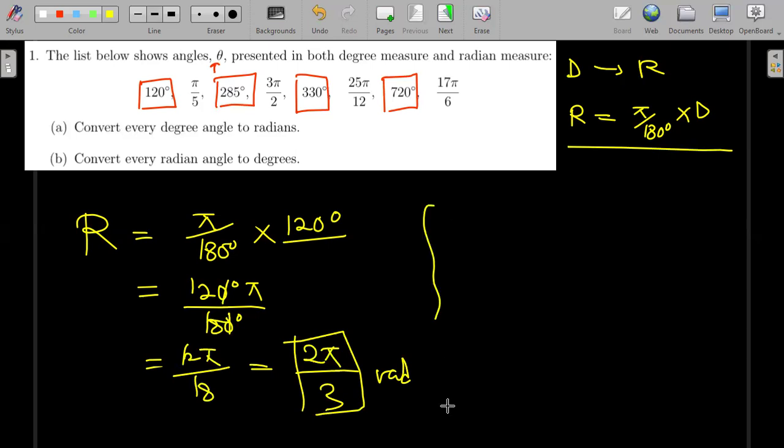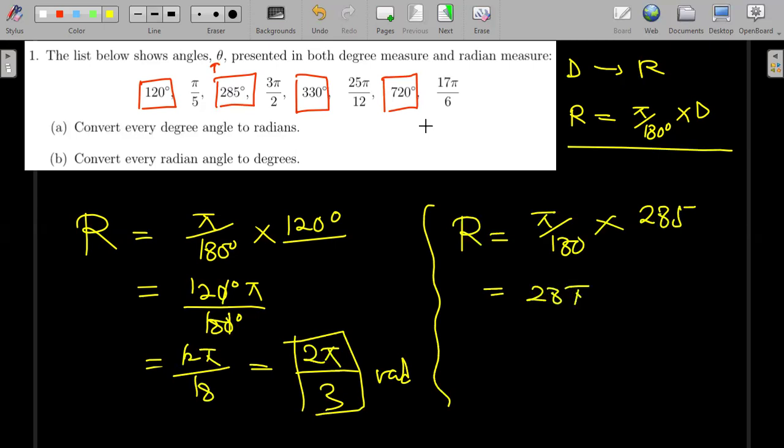What about 285? That angle in radians is pi over 180 times 285, so this will be 285 pi over 180. Here we just have to look for numbers that can go both into 180 and 285.